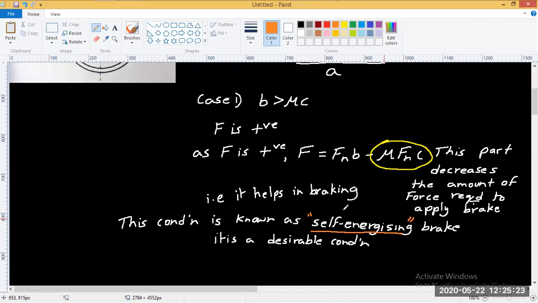Self-energizing just means that you need some force to be applied so that you have the braking action. So that is called the self-energizing condition, and this is a desirable condition. You can just write this equation and specify that B should be greater than mu times C, and the force applied will be positive, and thereby it is a required condition.